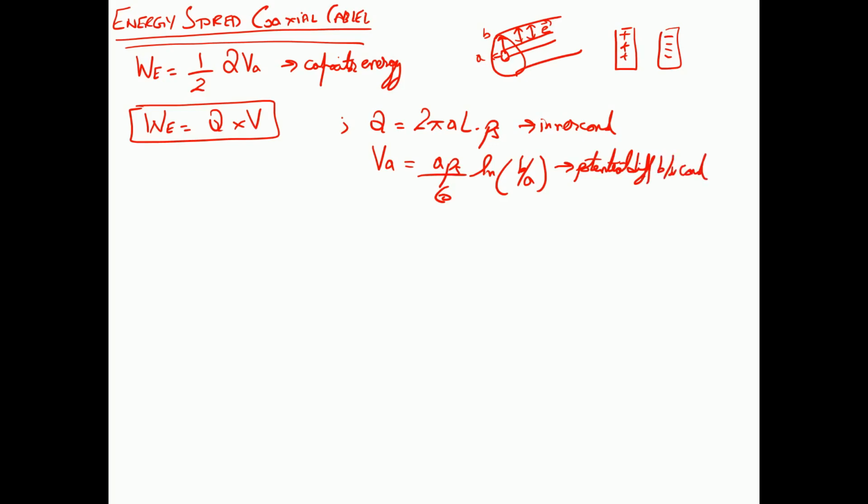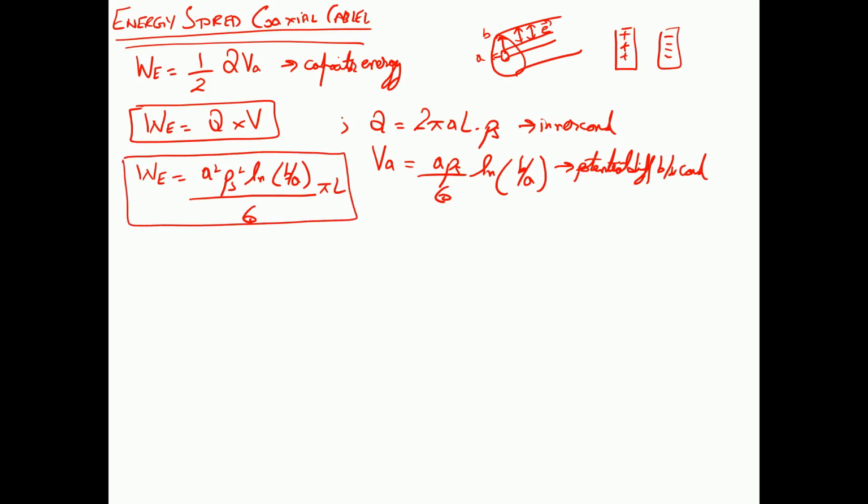So once we have Q and V, the value of W_E, or the energy stored inside a coaxial cable, comes out to be a squared rho S squared natural log b by a divided by epsilon pi L. This is the expression that you should know whenever you want to find the energy stored inside the coaxial cable. Since the proof is not part of this course, we are not going into the proof.